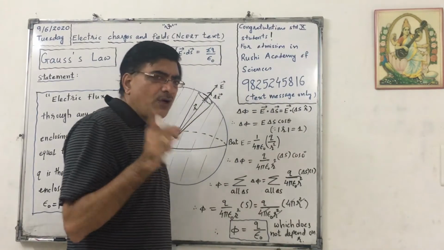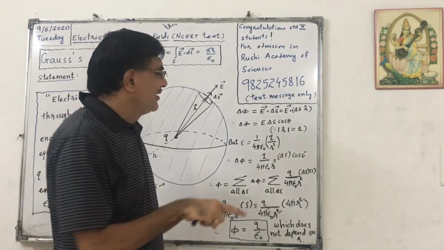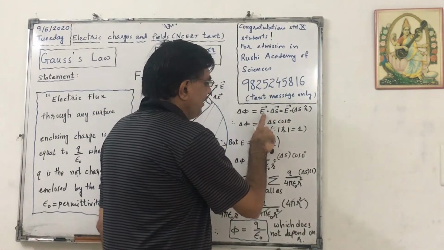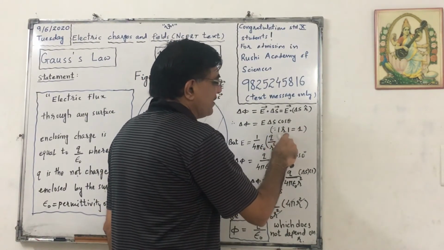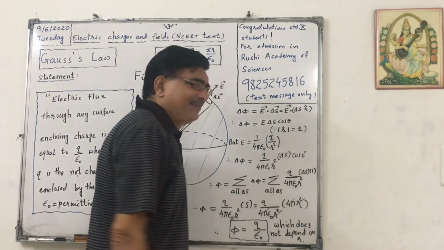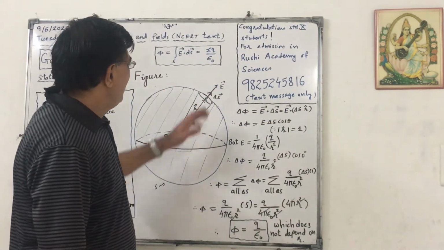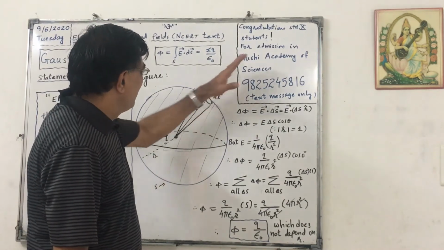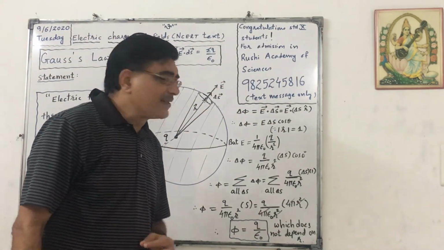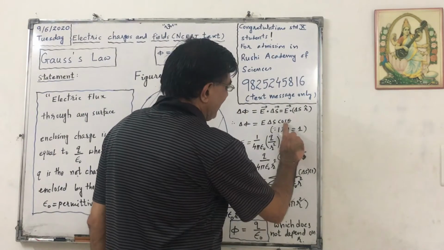Now we know that A dot B equals AB cos theta. So I can write here E delta S cos theta, because the magnitude of R cap is 1. But see here, vector E and vector delta S are in the same direction, so theta is 0 and I will write cos 0.